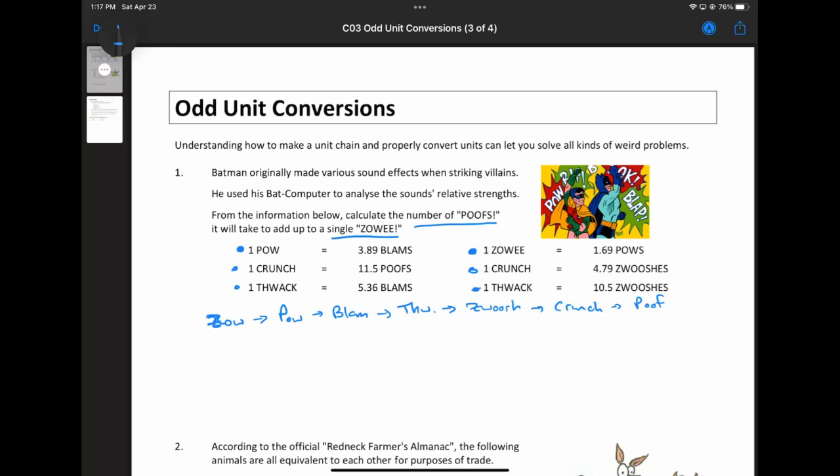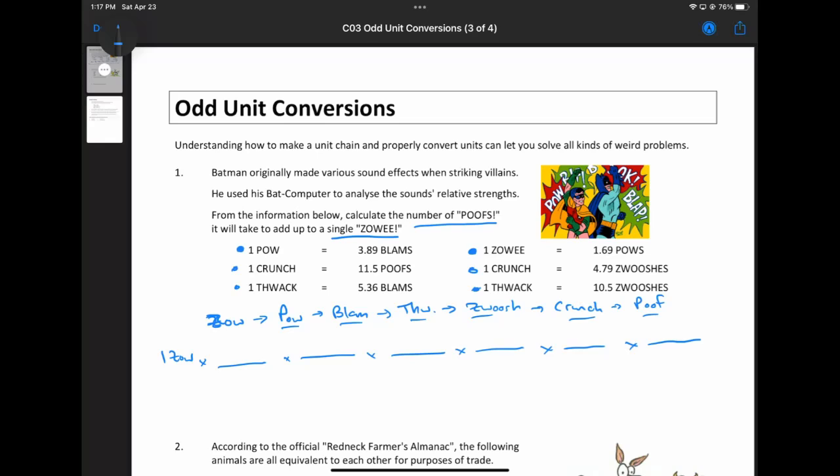But the good news is that despite the fact that it's a long chain, doesn't change the fact that the method is exactly the same. So I'm going to do one zowie, and then we have 1, 2, 3, 4, 5, 6 fractions. And the units on the top are just going to be the things in the chain in the same order.